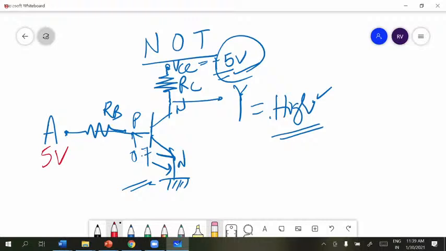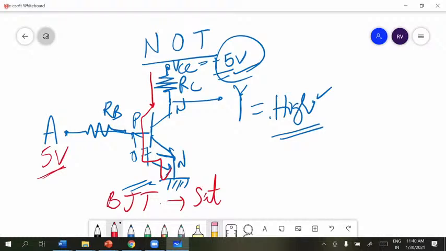So whenever the input is high, the BJT, or bipolar junction transistor, is in saturation, on condition. Current flows through it and it simply acts like a switch, so the current goes to the ground. So nothing is available.